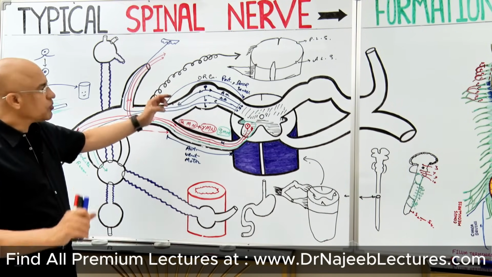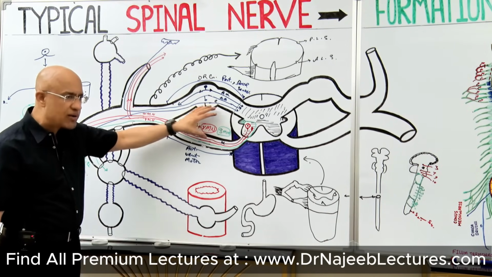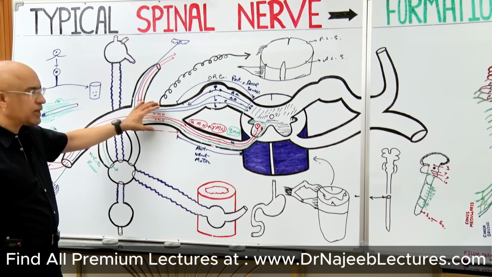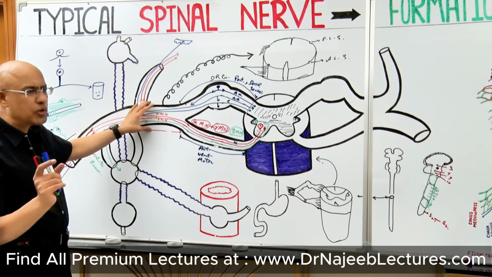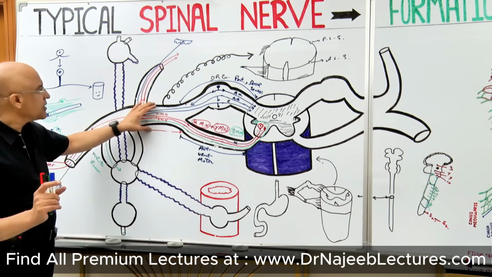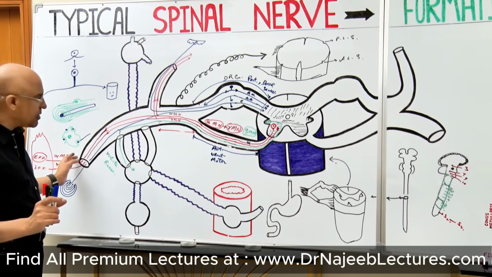In a simple way, we can say the anterior root and posterior root from the spinal cord move laterally and fuse together to make the spinal nerve proper, which is a very short nerve, usually 1 to 2 centimeters, and then it rapidly divides into dorsal ramus and ventral ramus.